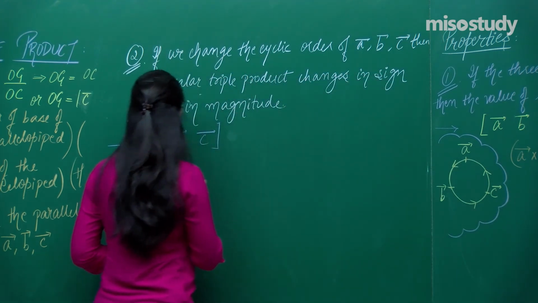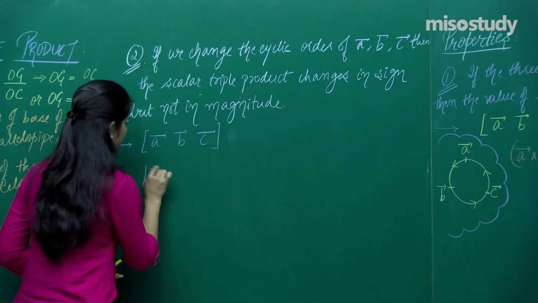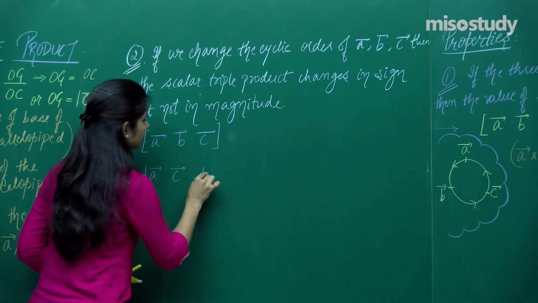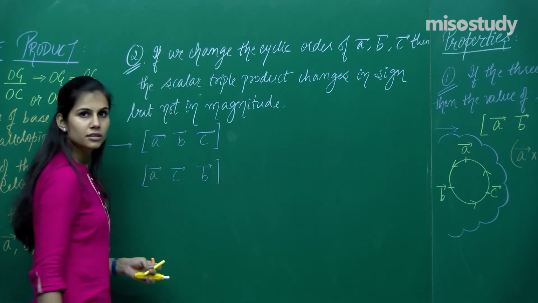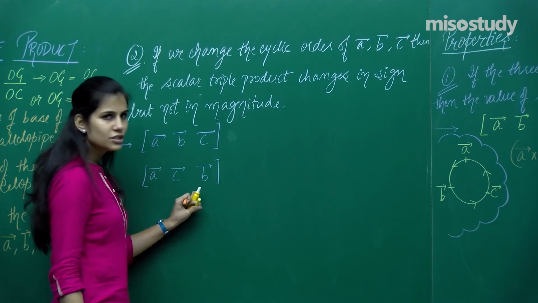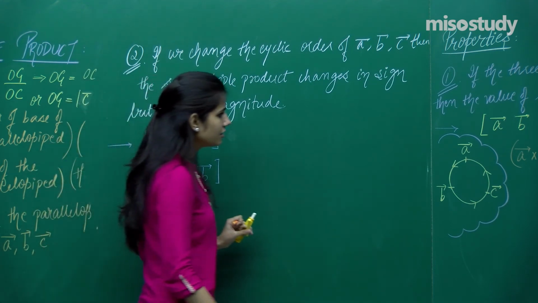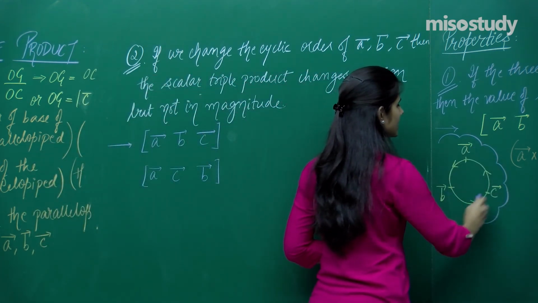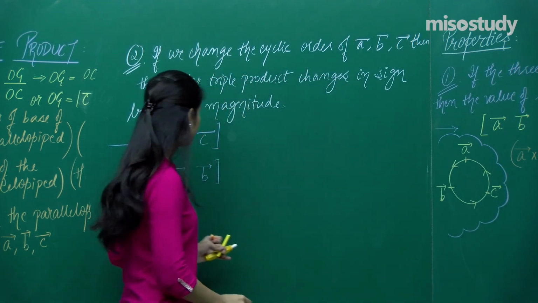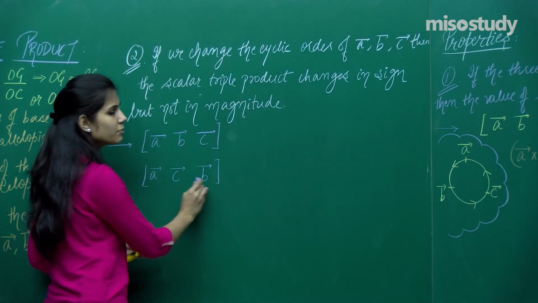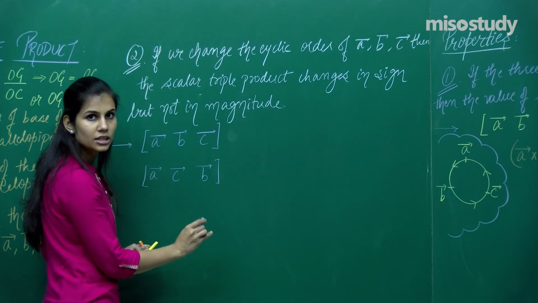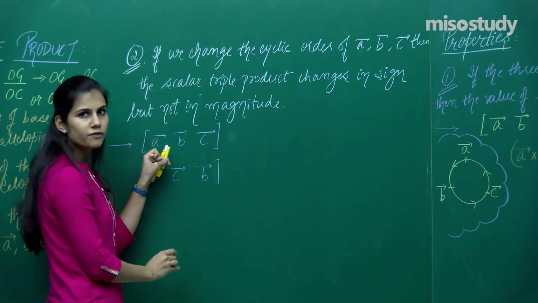Or here if I say, let A be the same, here I am writing this. Now ACB is not the cyclic order. See? ABC, this is the cyclic order, this is not the cyclic order ACB. So basically this particular scalar triple product will be negative of this.